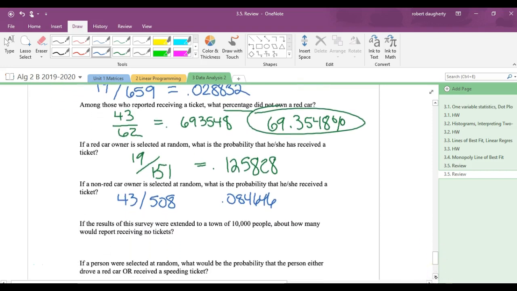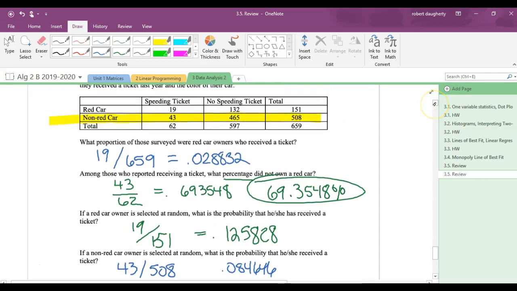And one question, a couple more. If the results of this survey were extended to a town of 10,000 people, how many people would report receiving no tickets? Okay, so how do I find the people that got no tickets? If you look at the people that got no tickets, I've got 597 out of 659.